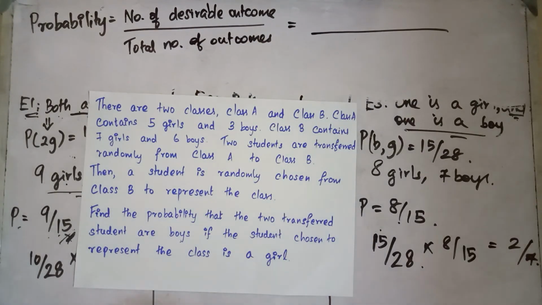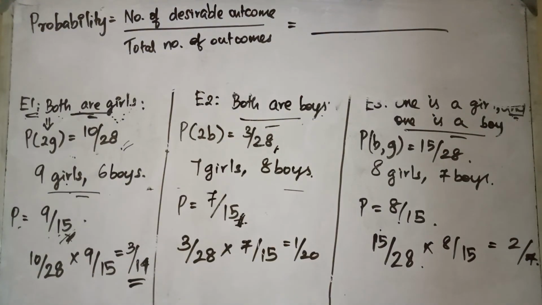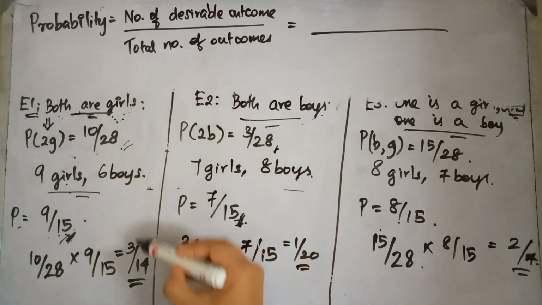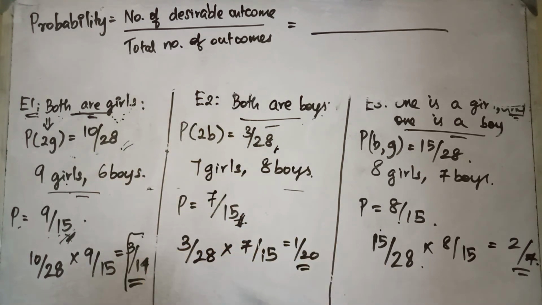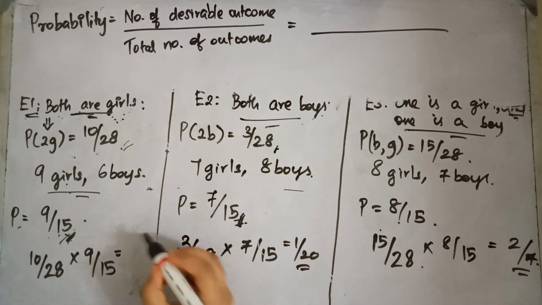What is the total number of outcomes over here? This is a particular outcome. This is an outcome. This is an outcome. These are the 3 outcomes that could happen. This whole set of events will lead to this collective outcome, it was 3 by 14, right?